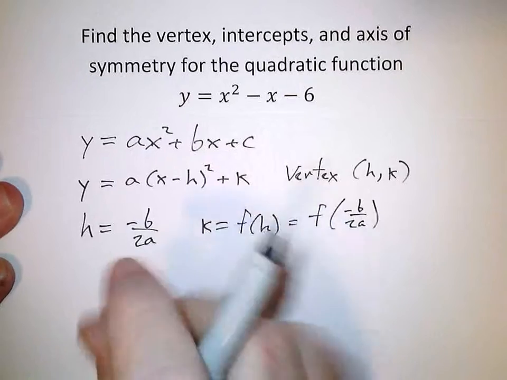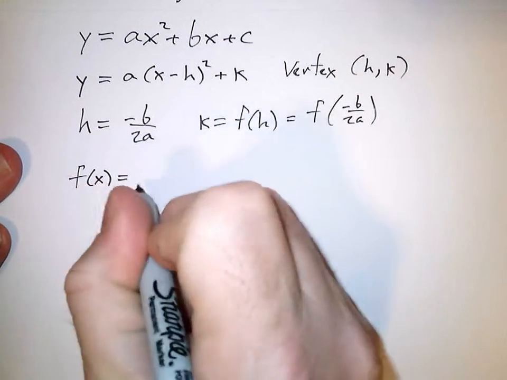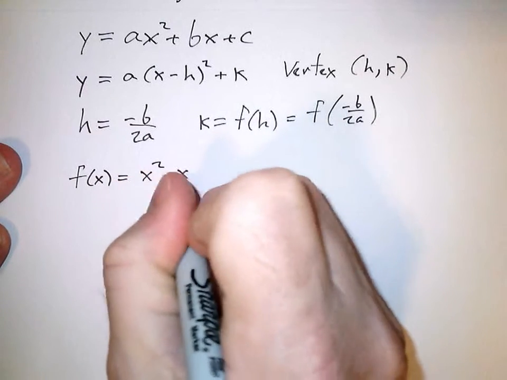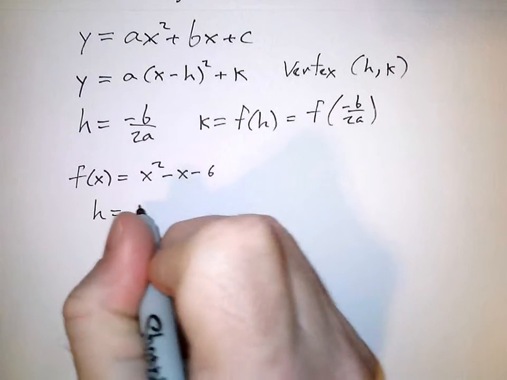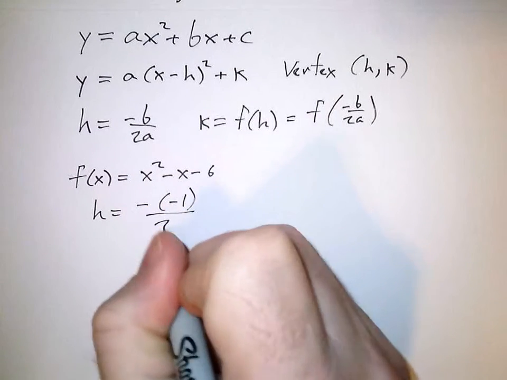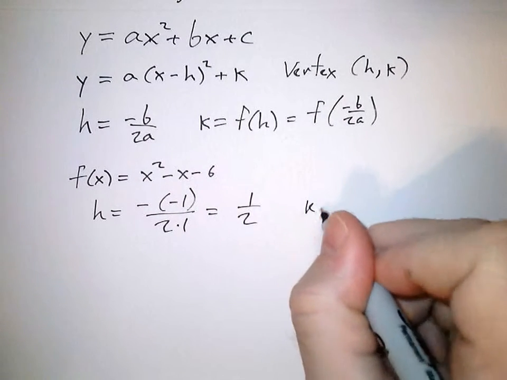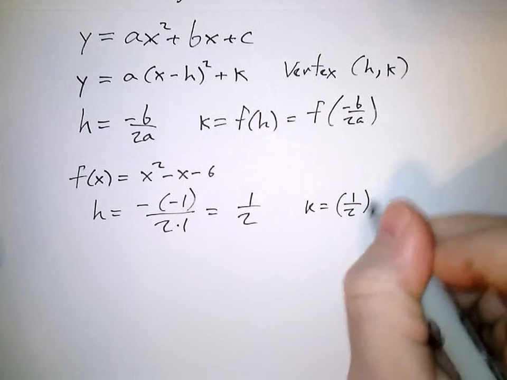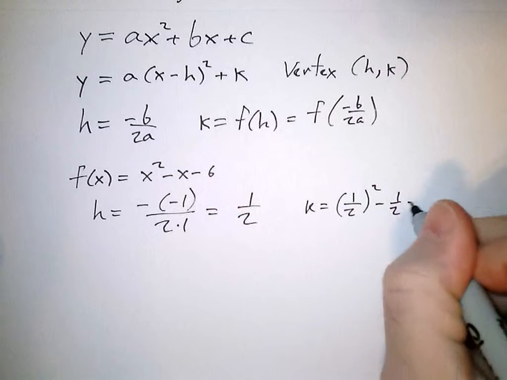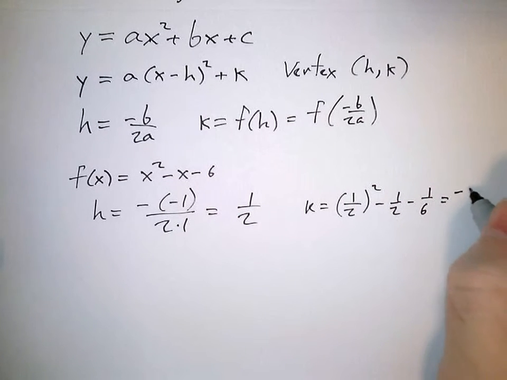So for my f of x here, if f of x is x squared minus x minus 6, then my h is negative negative 1 over 2 times 1, which is 1 half. My k is going to be f at h. I'm going to have 1 half squared minus 1 half minus 6. And this is negative 25 over 4 here.